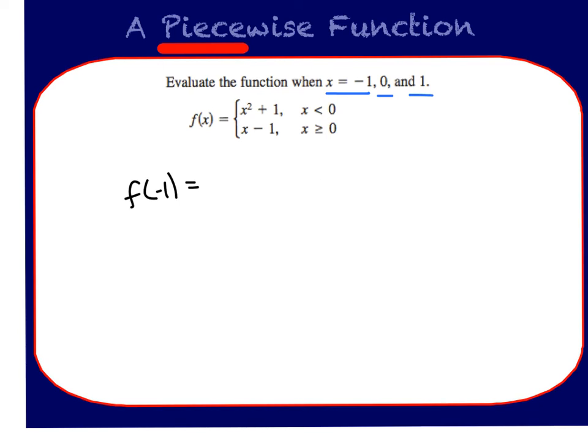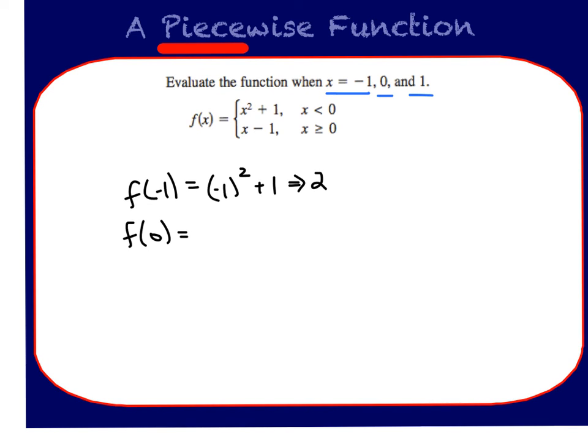The top one. So I need to use this equation. All right. So I now have negative 1 squared plus 1, which is 2.